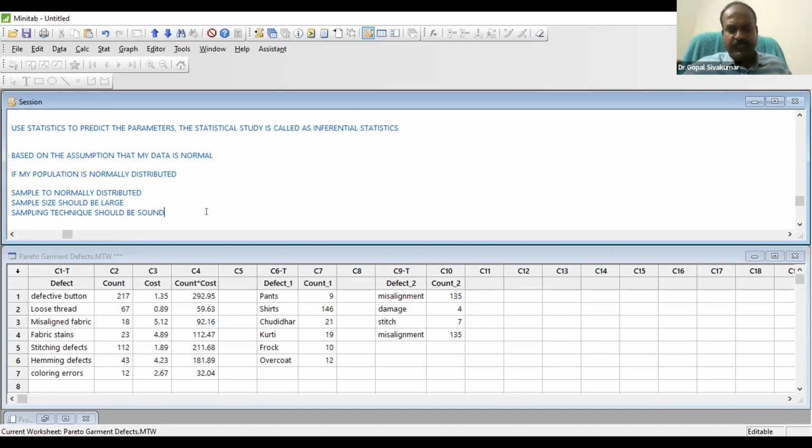Say, for example, you are conducting a study in your city. Tell me, where do you live? Navi Mumbai. Suppose you are doing a survey in Navi Mumbai.